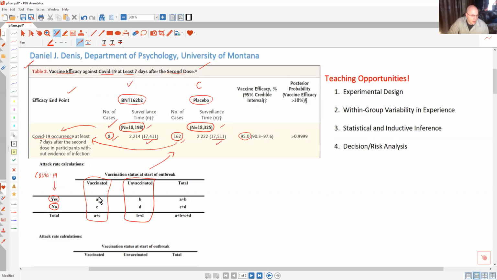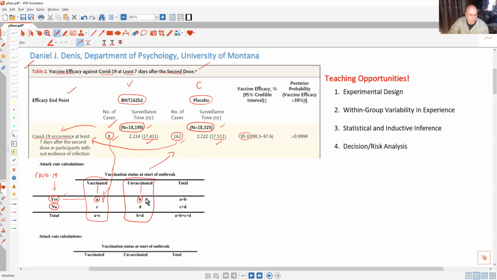From there, we can look at what these cells represent. The A represents those in the vaccinated group developing COVID-19. So that number is right up here. So it's the 8. We can put the 8 right down here. This B represents the number in the unvaccinated group developing COVID-19.